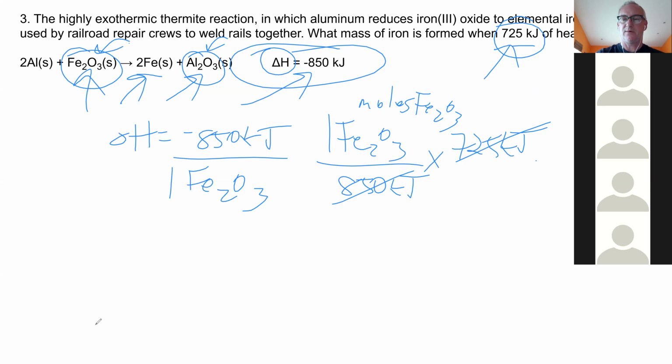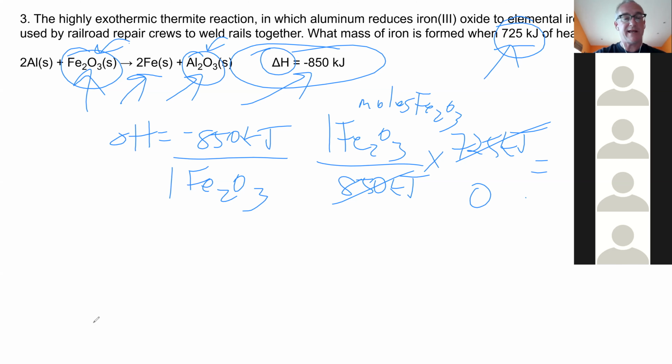Just do the equation. 0.8529. Yeah, 0.85. Oh, man, I can't look away and draw at the same time. Negative? No, they're both negative. If 725 kilojoules of heat are released, that's negative.